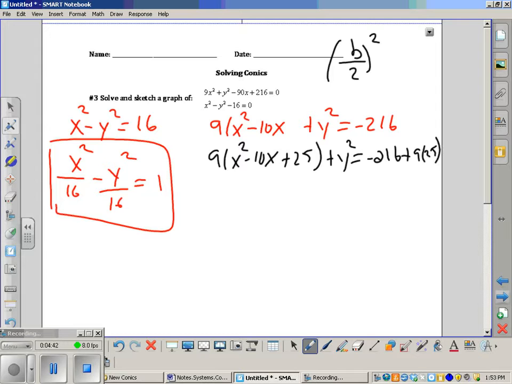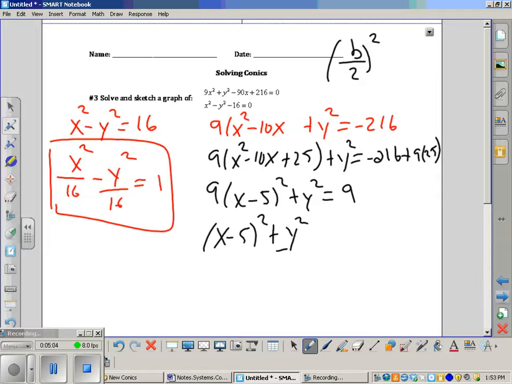So 9 plus 25 is what you add on the right-hand side, which is, is it 225? Yeah, 225. So there's my equation. X minus 5 squared divided by 1 plus y squared over 9 equals 1.